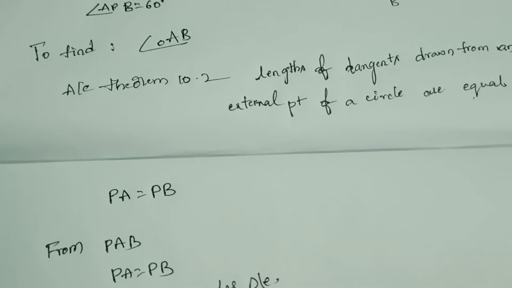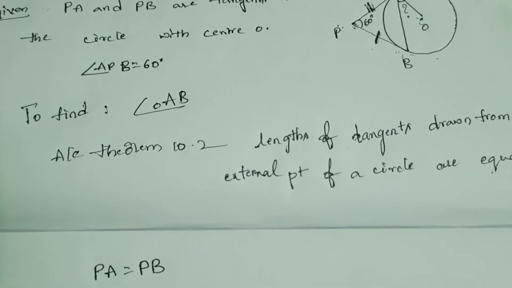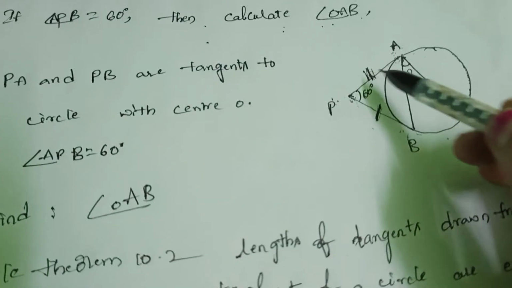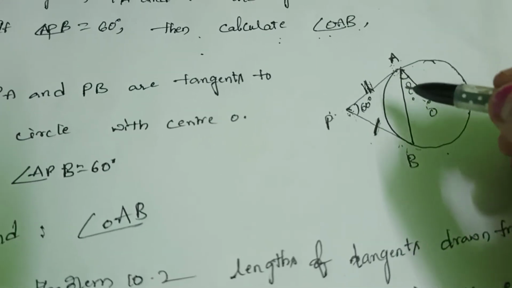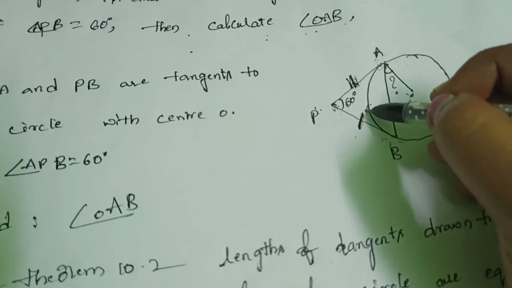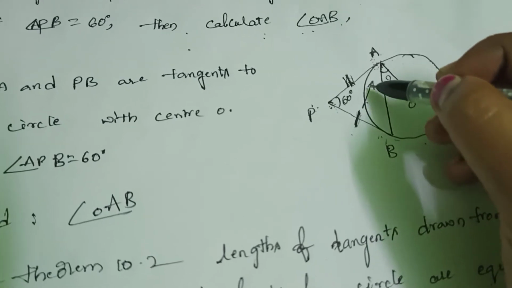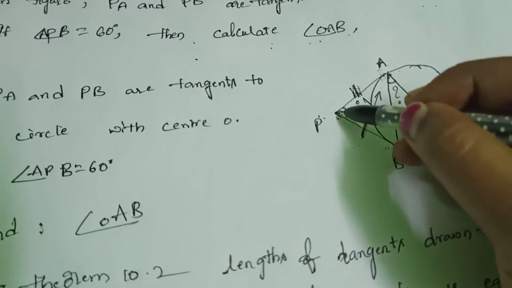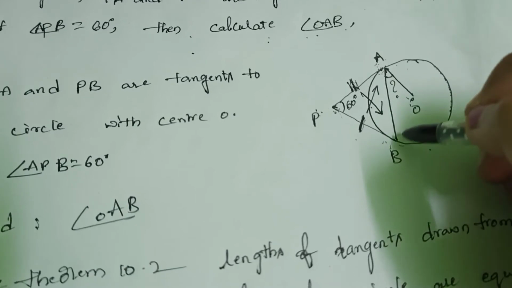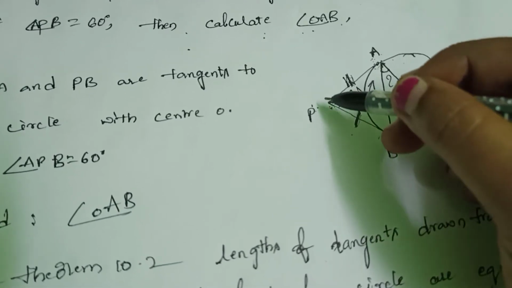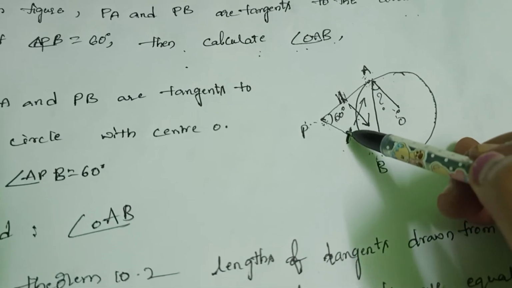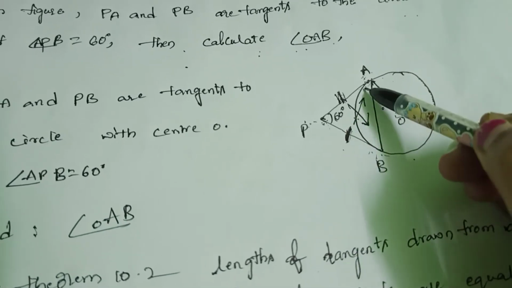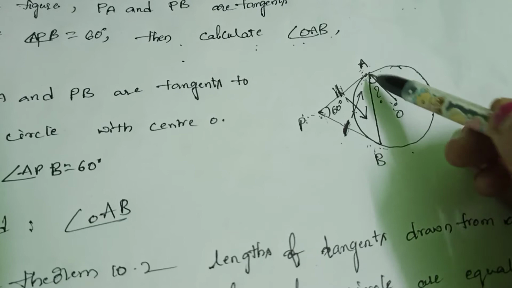In an isosceles triangle, two angles are also equal. Opposite angles are equal for equal sides. PA's opposite angle is angle ABP, and PB's opposite angle is angle PAB.